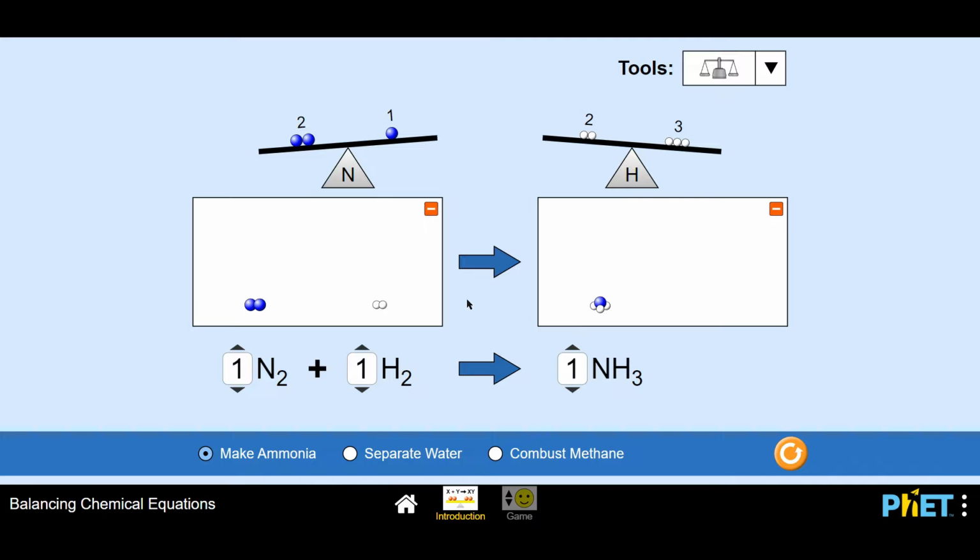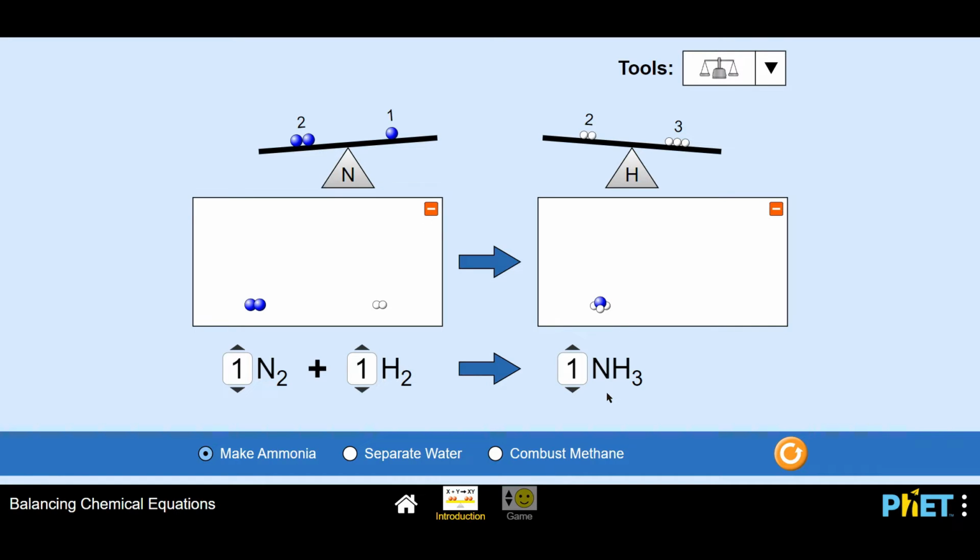Then on the left-hand side, I have two blue dots, which represents two different nitrogen atoms. And on the right-hand side, I only have one blue dot, because in order to make ammonia, there's only one nitrogen atom in that ammonia molecule. So if I have one molecule of N2, but I'm only producing one molecule of ammonia, there's a nitrogen atom that's gone missing.